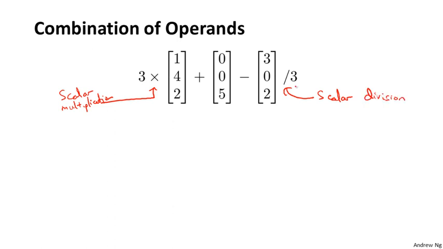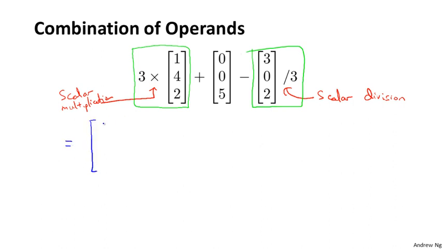This really just means 1/3 times this. And so if we evaluate these two operations first, then this thing is equal to 3 times that vector, which is 3, 12, 6, plus my vector in the middle, which is 0, 0, 5, minus 1, 0, 2/3.